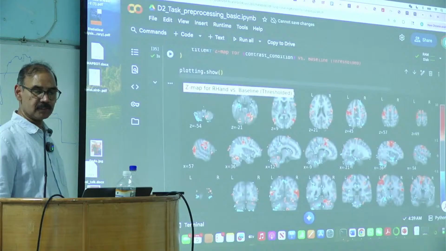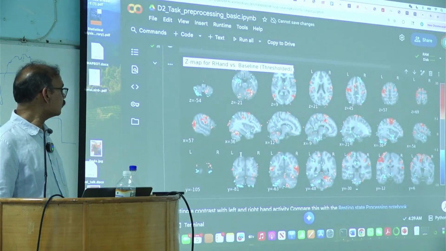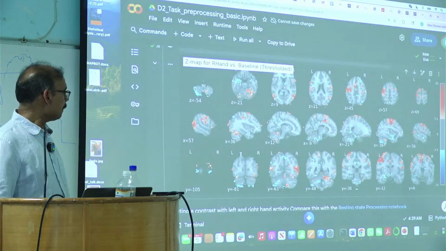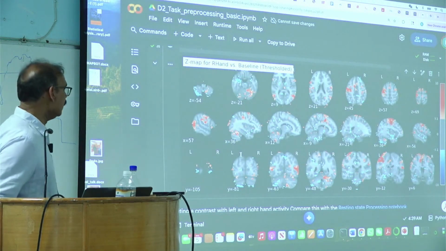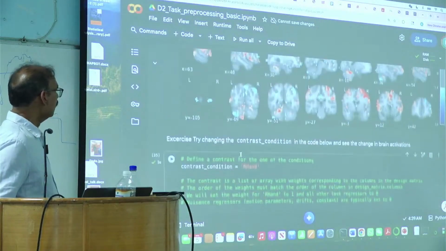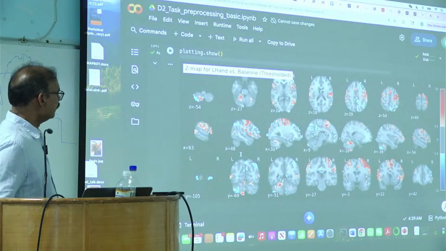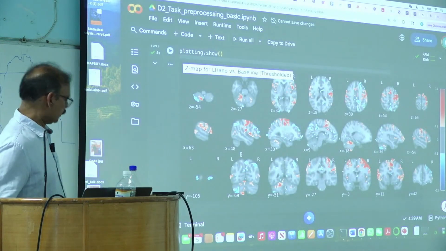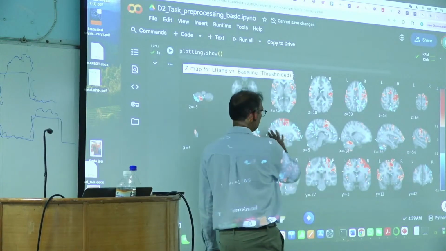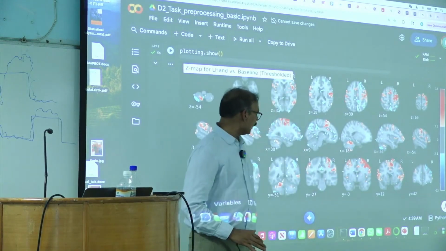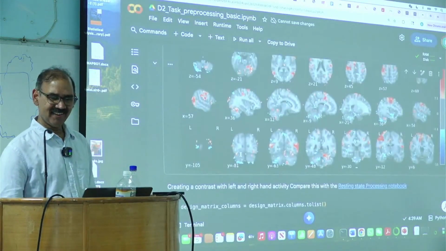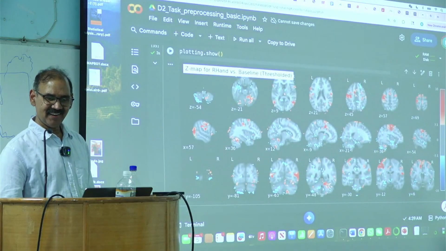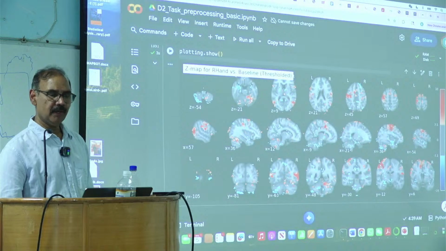Right, so this is the right hand. So if you look, do you see any pattern between left and right? So this is left hand. Look at these figures, and then look at the right hand.